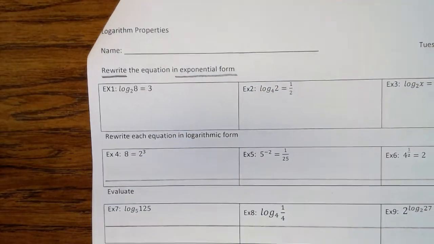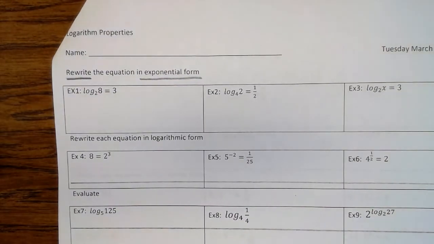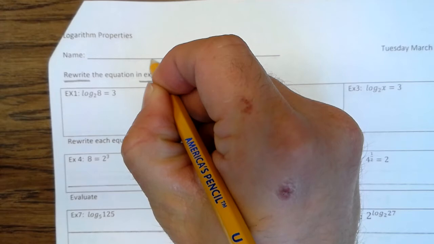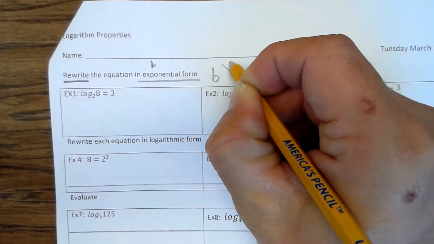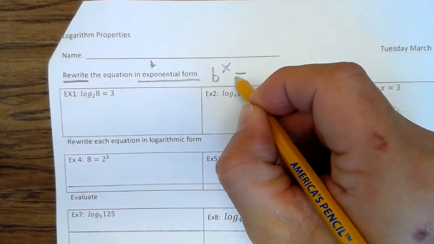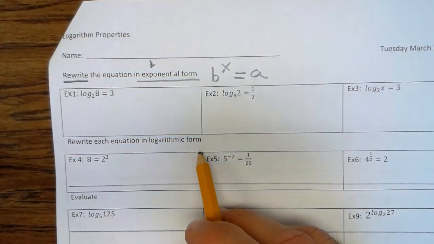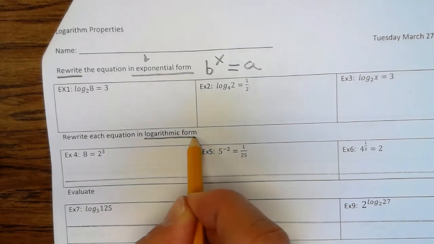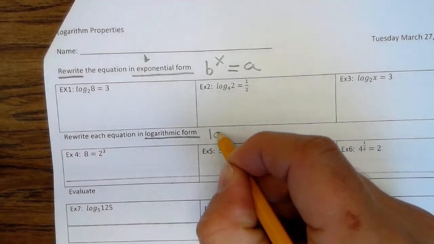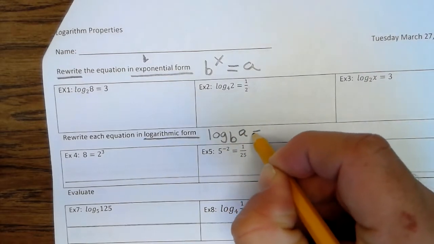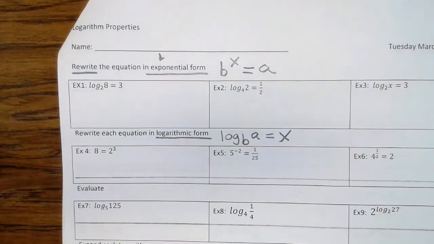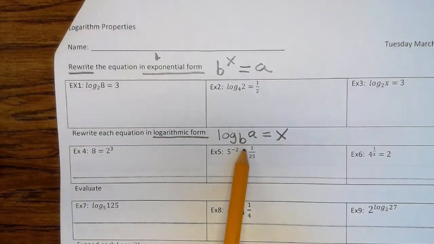Okay, so to do that, exponential form, you might write that as b to the x equals a, and then logarithmic form is log base b of a equals x. So we're in this form, and we want to go to that form.